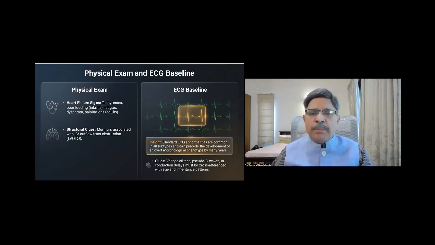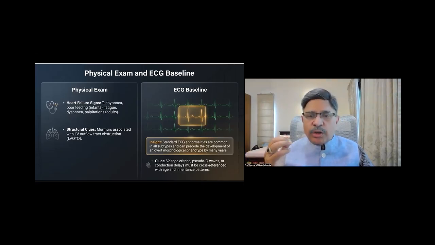Baseline ECG must be obtained. ECG abnormalities like left ventricular hypertrophy are common in all the subtypes and can precede the development of overt morphological phenotype by many years. That means ECG abnormalities can run some 10 to 15 years before the cardiomyopathy actually develops.